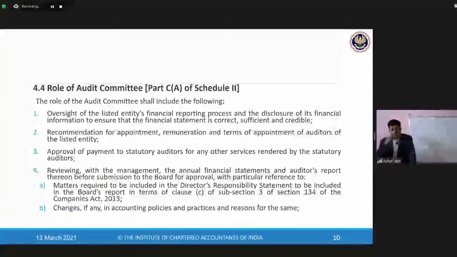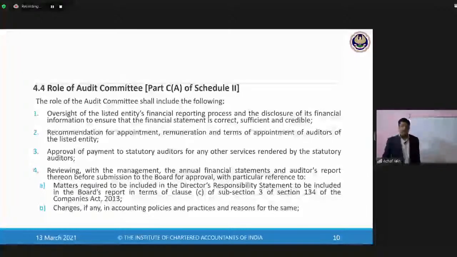Approval of payment to statutory auditors if the statutory auditors are also engaged in any services other than the statutory audit. So its approval will be given by the audit committee. Reviewing with the management the annual financial statements and the auditors' report thereon before it is submitted to the board for approval.